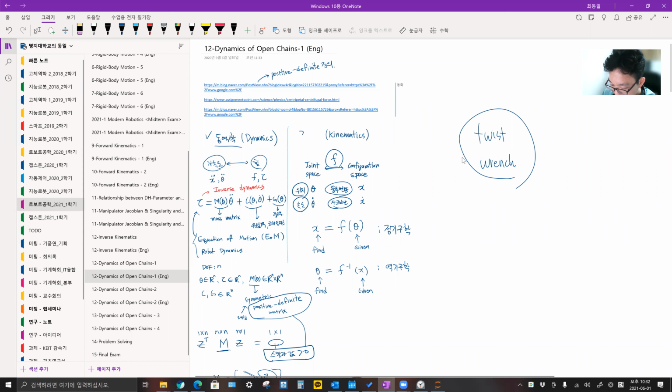Actually, in the kinematics, there is configuration space.